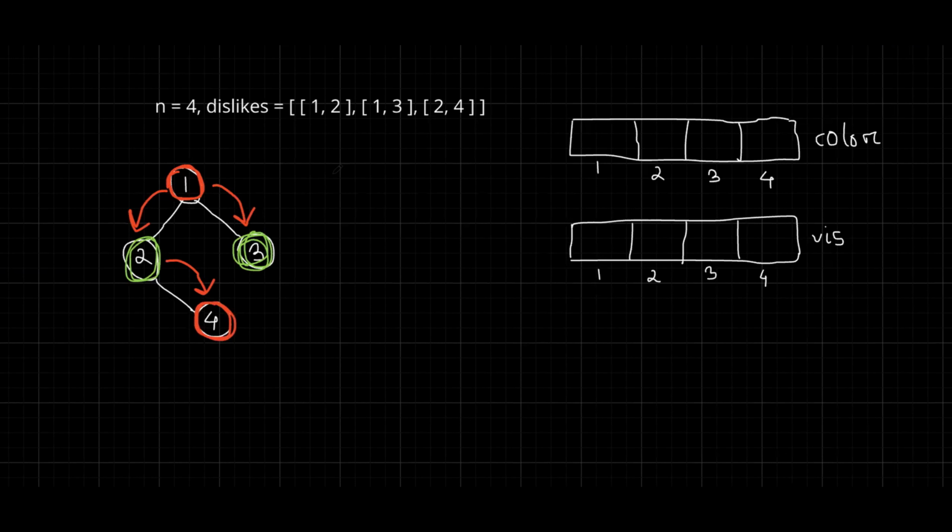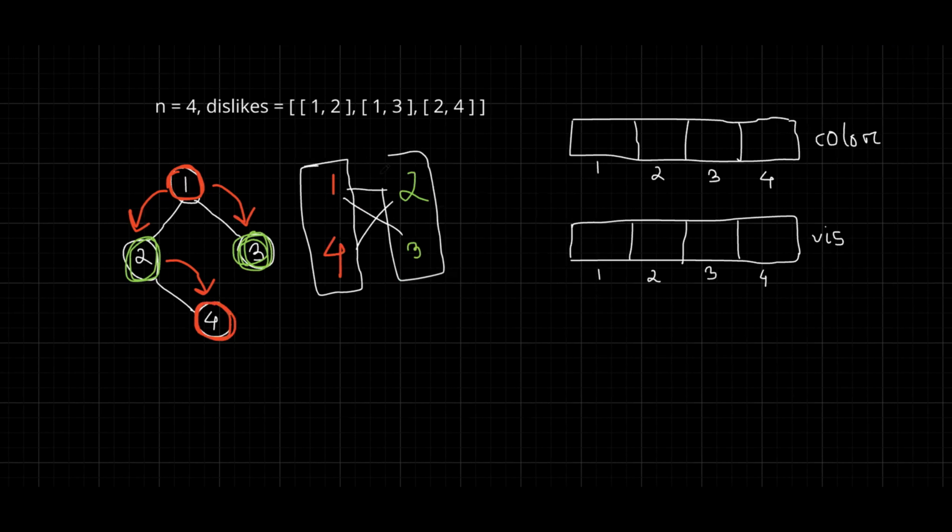So here in the red group, 1 and 4 exist, and in the green group, 2 and 3 exist. And here, 1 is connected to 2, 1 is connected to 3, and 2 is connected to 4. So we have seen that we have separated them into two groups, 1 and 4, and 2 and 3, such that there is no connection between 2 and 3, and 1 and 4.